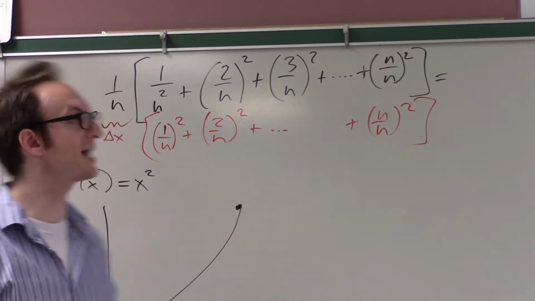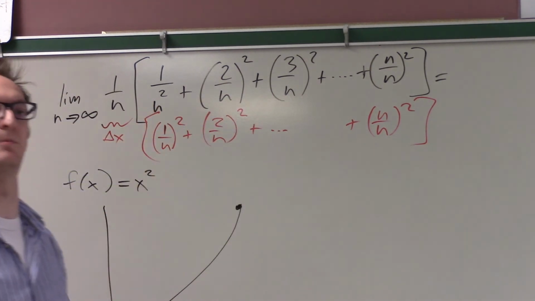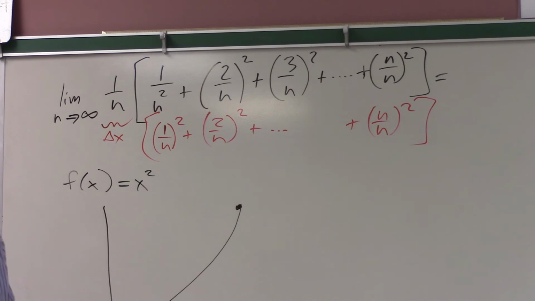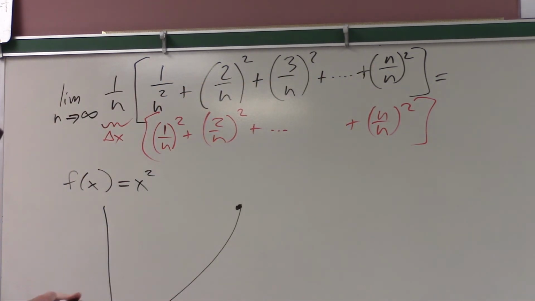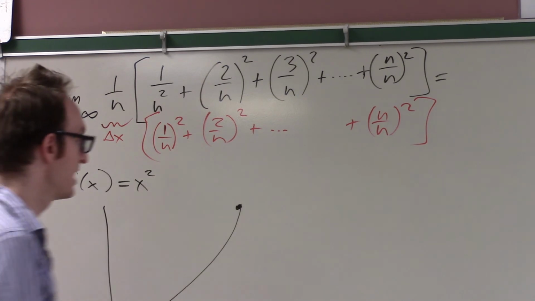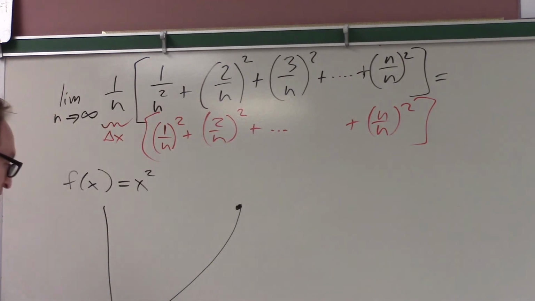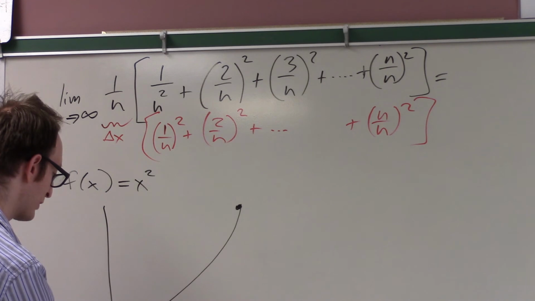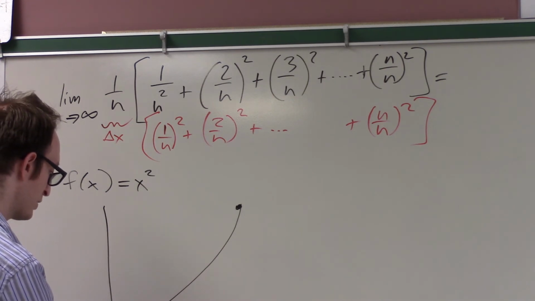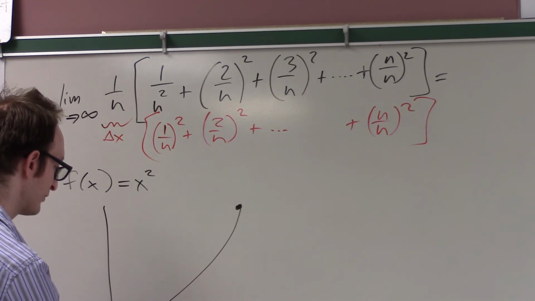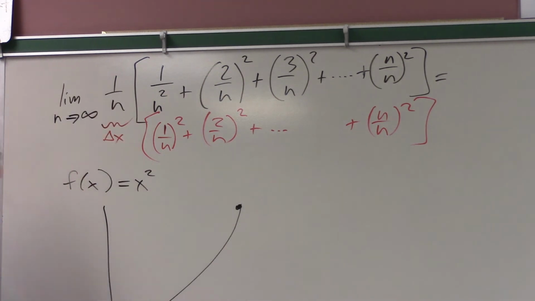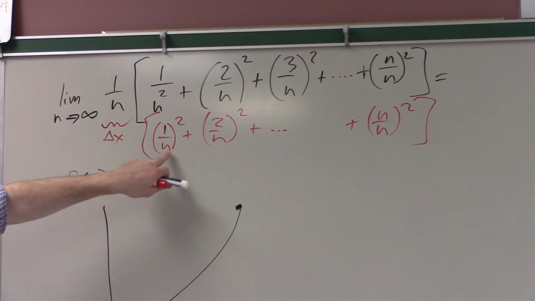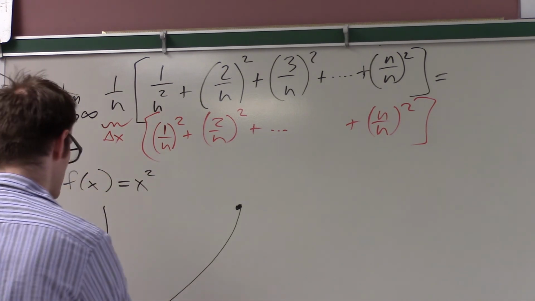Maybe the first good question to ask is, how many terms are there in this sum? N terms. Right? 1, 2, 3, and I stop when I get to n. So if there are n terms in this sum, then I'm going over to 1 over n, 2 over n, 3 over n, all the way over to n over n, which he observes is just 1, and I'm plugging that expression into this function.